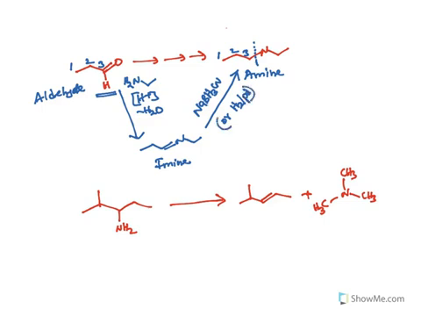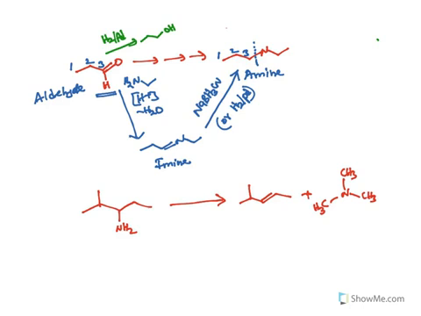But the problem with hydrogen and palladium is that the timing may not be appropriate. Remember that if you react hydrogen and palladium or platinum with an aldehyde, it's going to transform it into an alcohol. That is not what we are looking for.